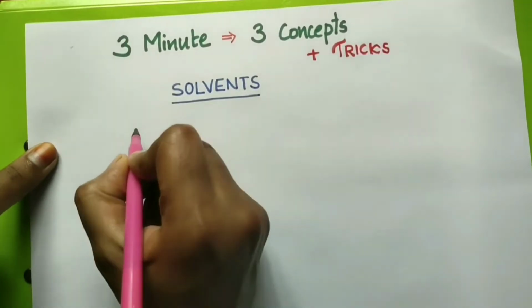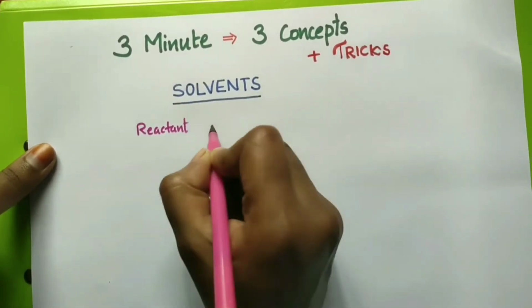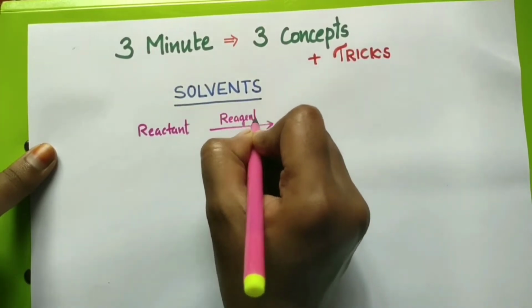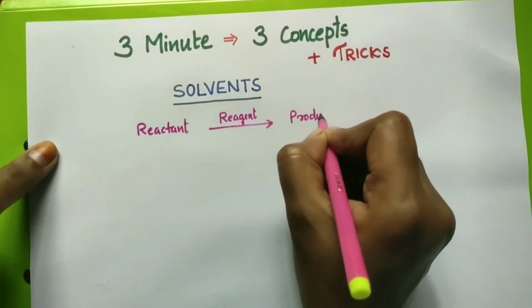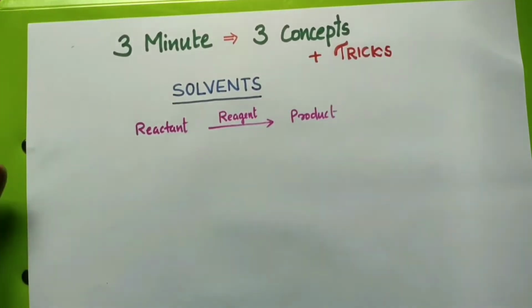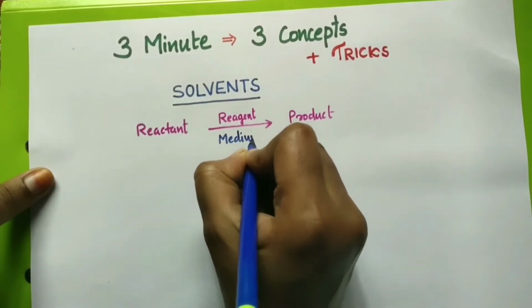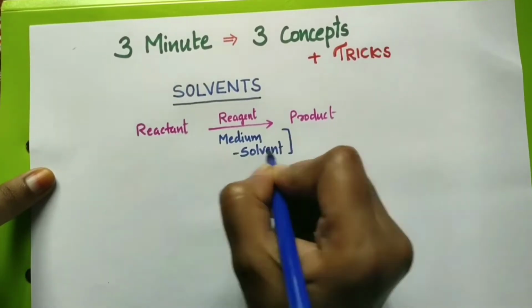Let us take a reaction. A reactant, in the presence of any reagent, maybe a nucleophile or electrophile, gives a product. And here we are adding a medium as solvent.